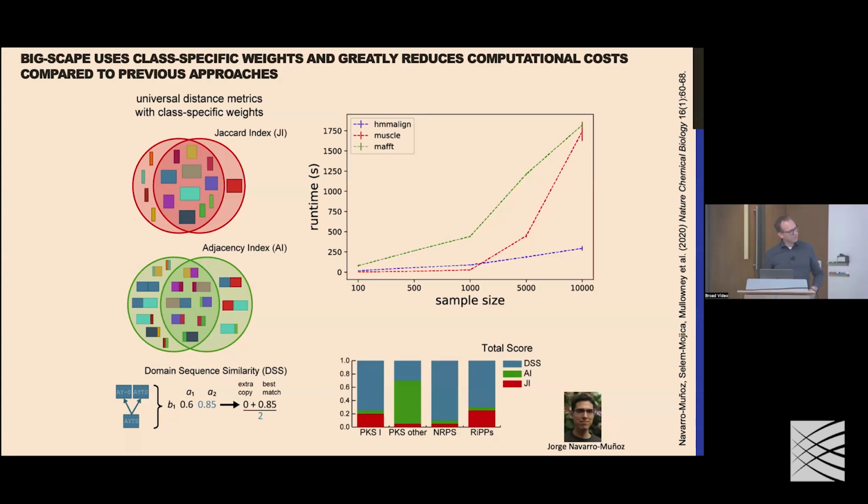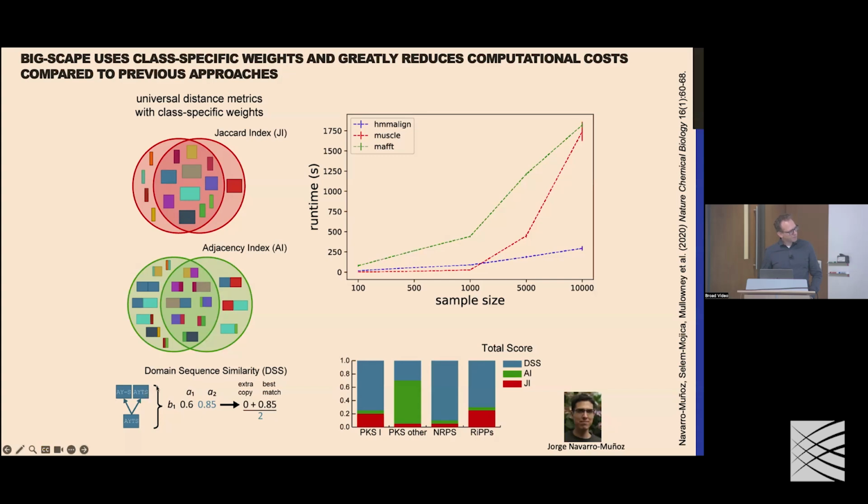And then finally, but also importantly, we want to have some indication of how similar these domains actually are to each other in terms of sequence, because some of these protein domains can have very broad functions, and you need to know how closely related they really are in sequence, because that tends to correlate pretty well with the chemistry and the catalytic activity of the enzymes.